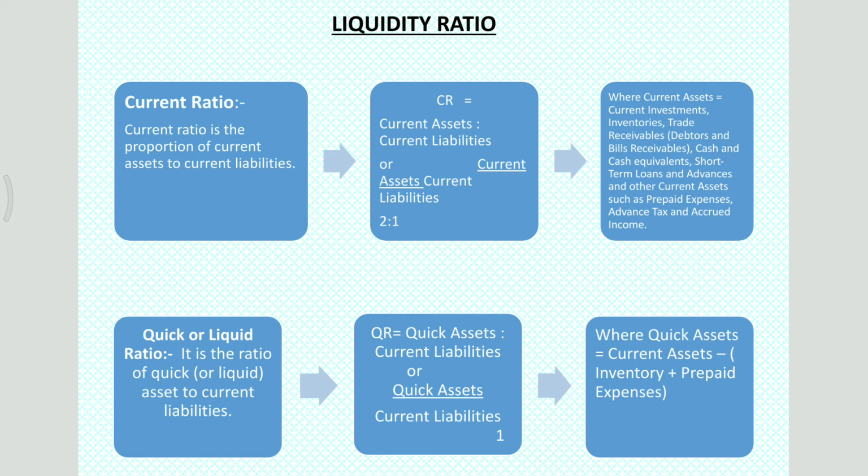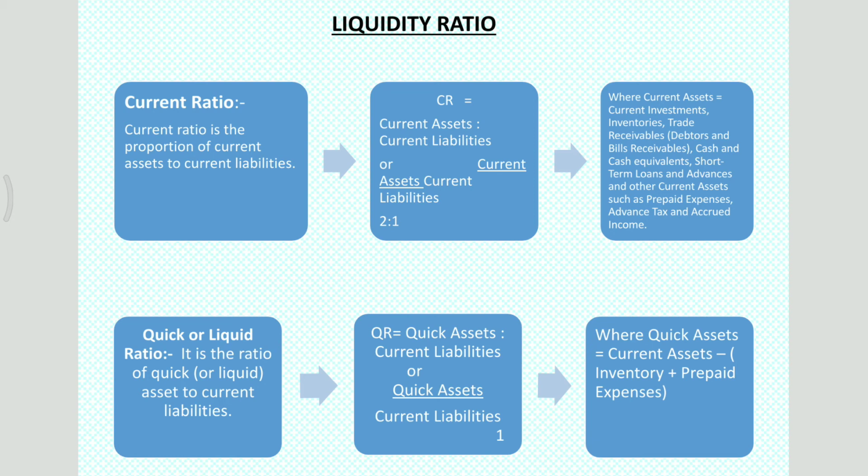Then what is quick asset or liquid asset? To find out liquid assets or quick assets, you have to take current assets and deduct inventory and prepaid expenses from current assets. Whatever amount is left should be termed as quick assets or liquid assets.